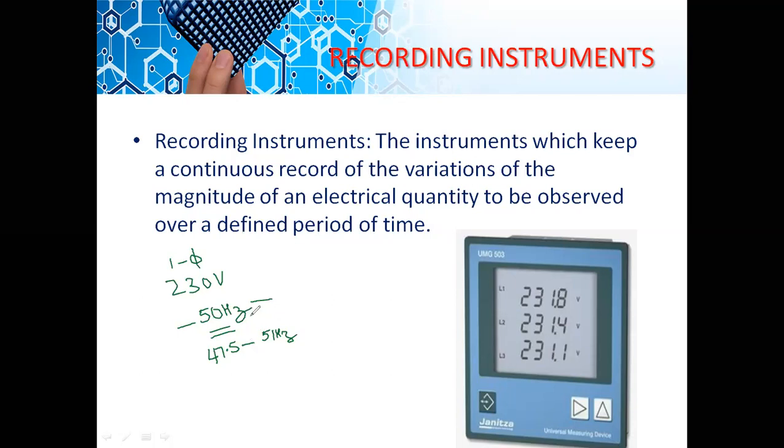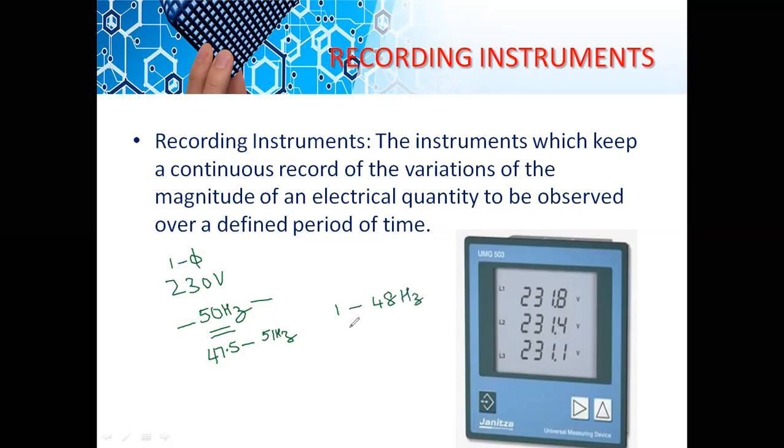In such cases, where the quantity monitoring is very important, there we can use recording instruments. These recording instruments will keep a track of previous values. Say for day 1, the value is 48 hertz.